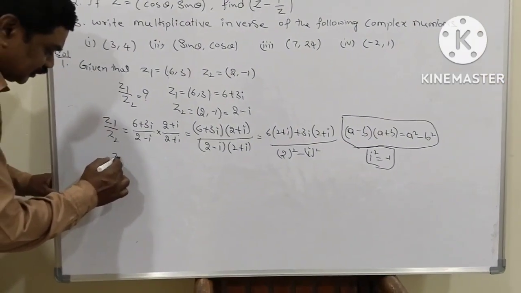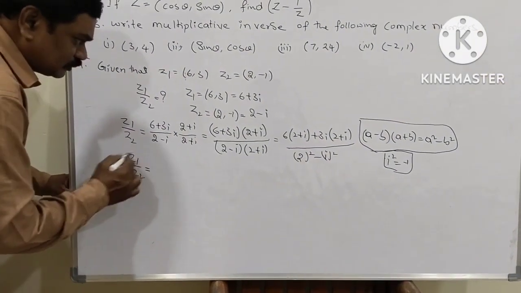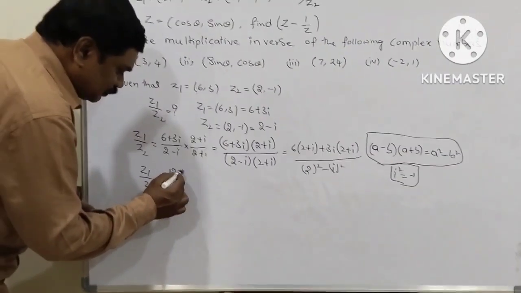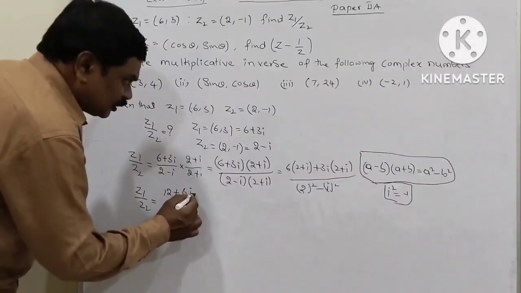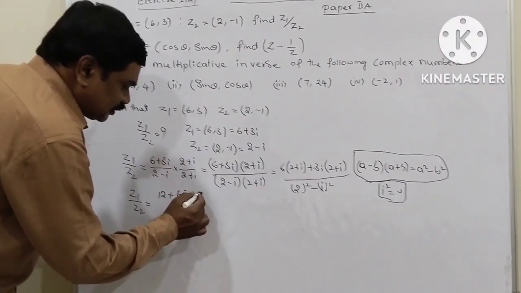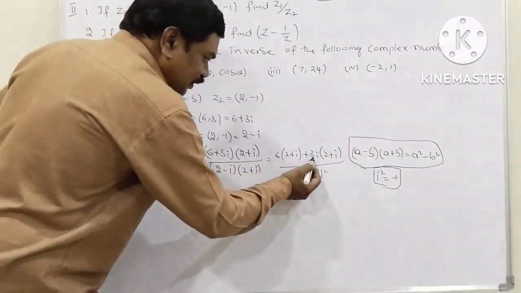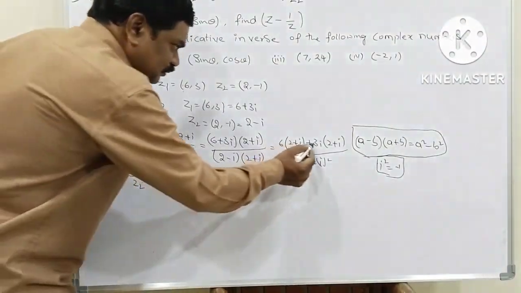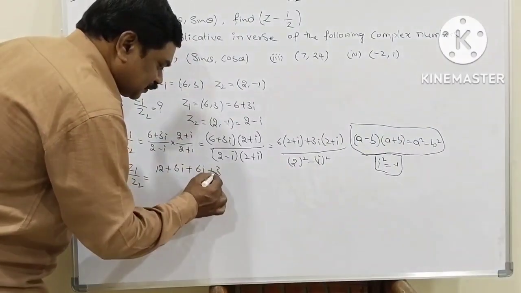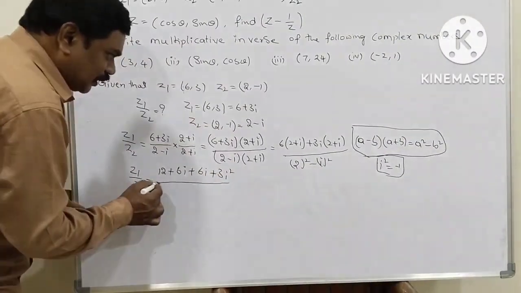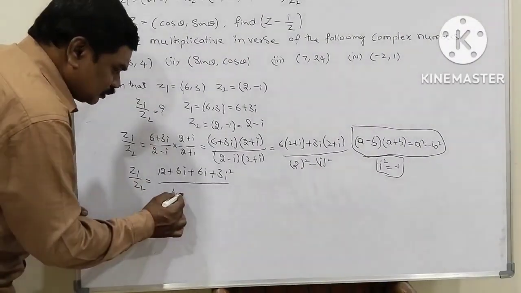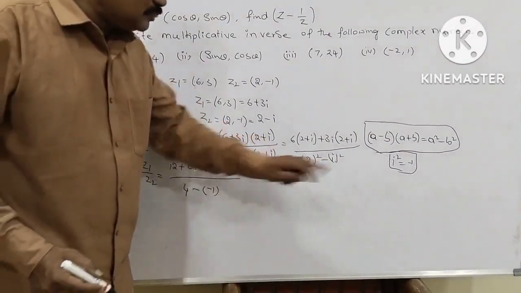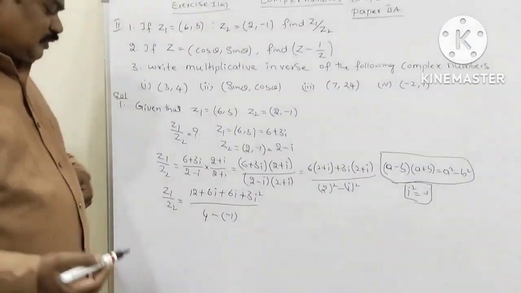So this z1 by z2 is equal to 6 into 2, 12, plus 6i, plus 3i into 2, 6i, plus 3i into i, 3i square, by 4 minus of minus 1. i square is equal to, we know that, minus 1.